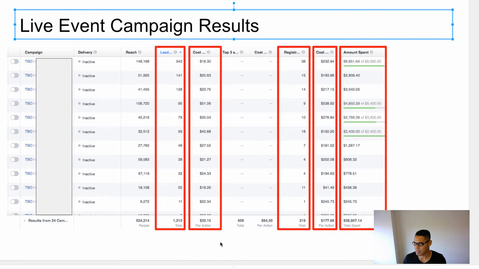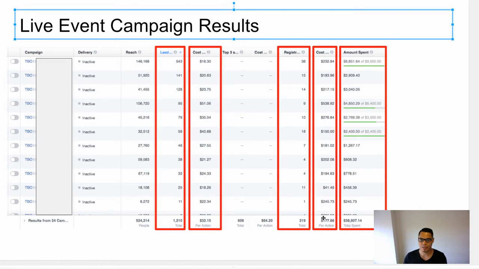But if we do an average, the amount spent for this client was $38,907, and overall we had 1,210 leads. The average cost per lead is $32.15, which is way below the $50 mark, which is really good. With the registrations, we got 219.